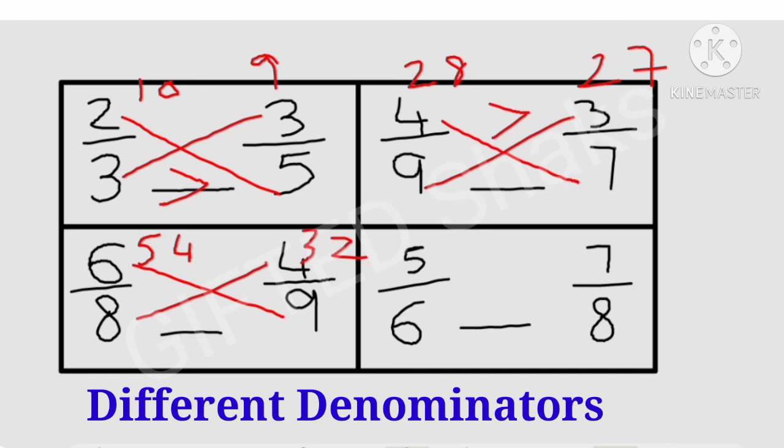Which is bigger? This one. Then 5 times 8 is 40. 7 times 6 is 42. So which one is bigger? This one. So you have this sign here.